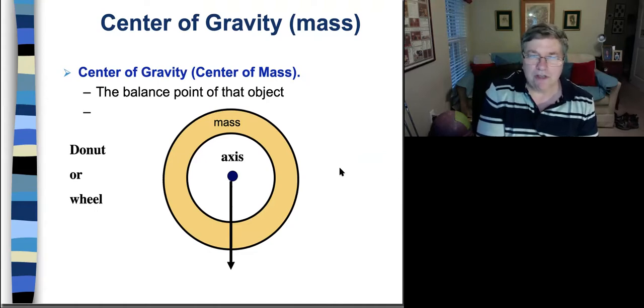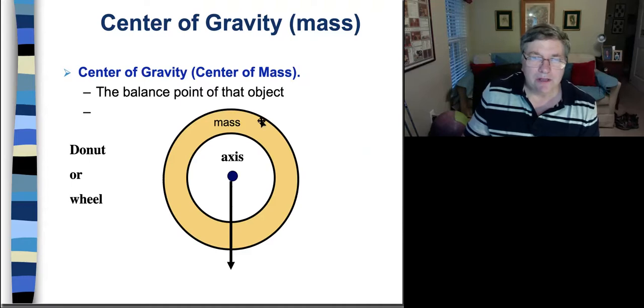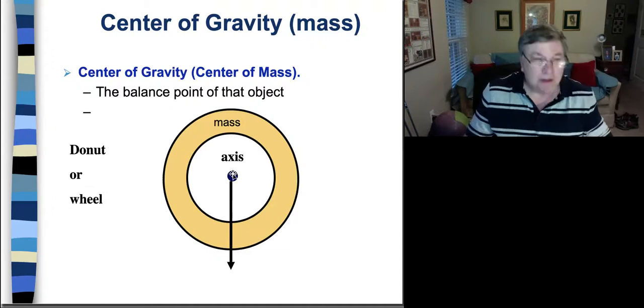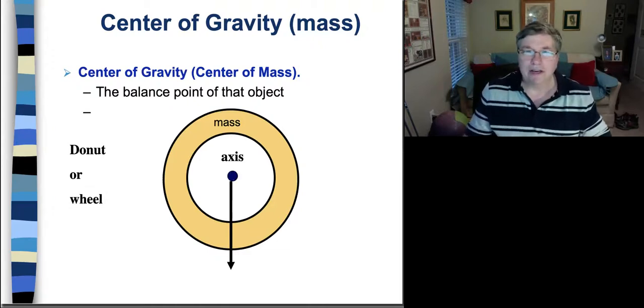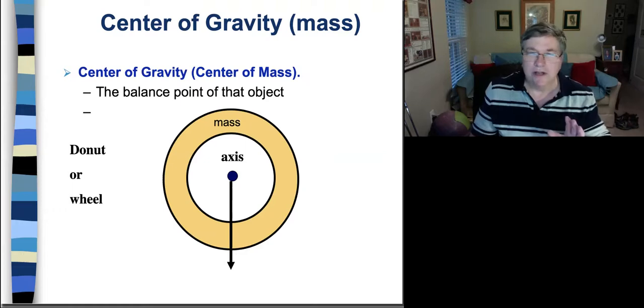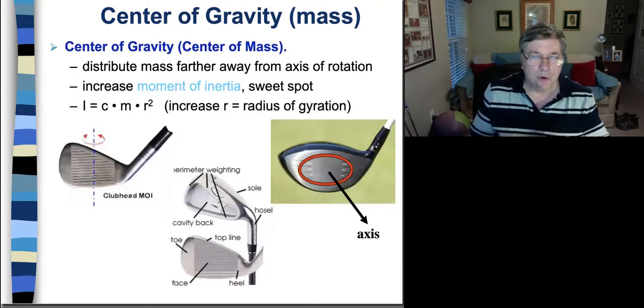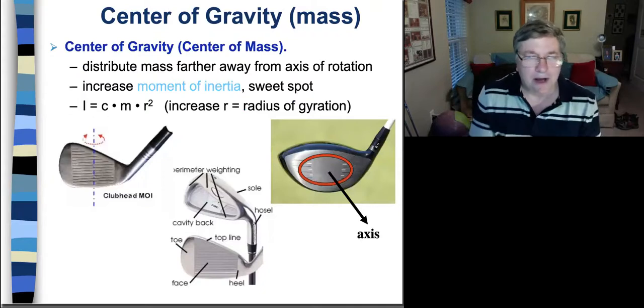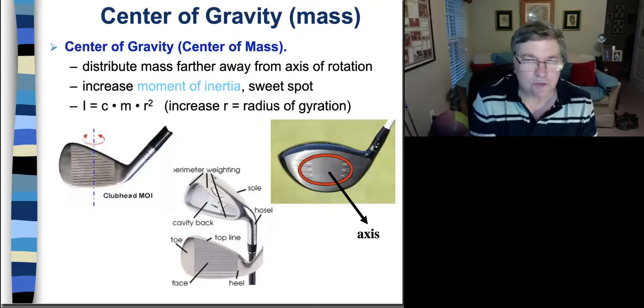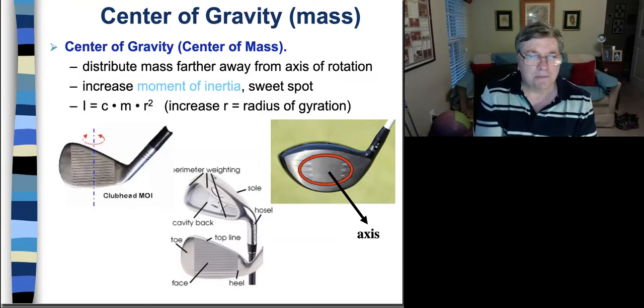So we say that as we increase the mass of a bone and move that mass farther away from the middle of the axis of rotation, that actually increases the moment of inertia. That's the resistance against bending forces as well as torsion or turning. We can think of it as torque as well if there's actual rotation.